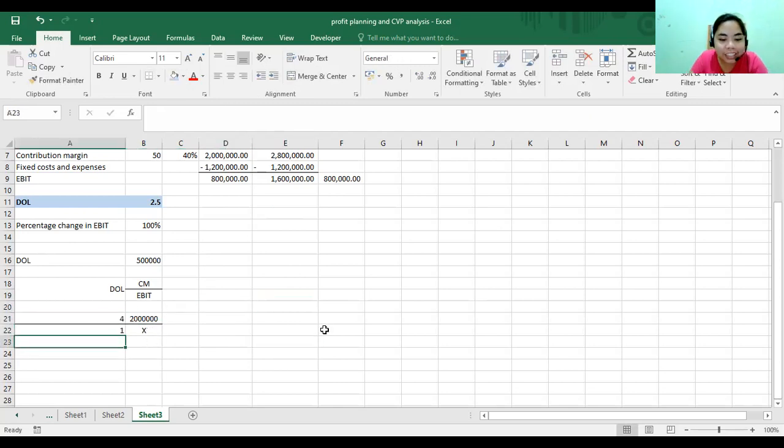Therefore X equals 2 million divided by 4, which is 500,000. That is your EBIT.